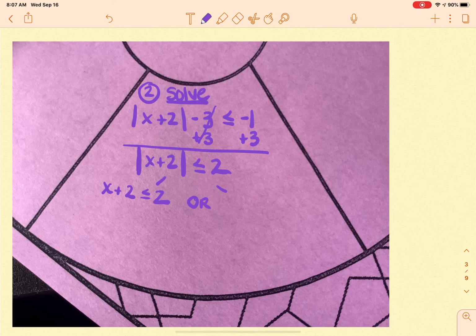When I do my OR, the inequality's got to flip, and the positive 2 on the other side becomes -2. And then I'm going to solve. So to get x by itself, the opposite of adding 2 is subtracting 2.